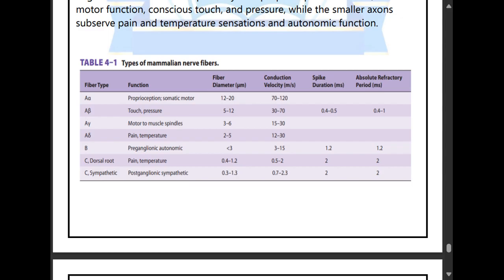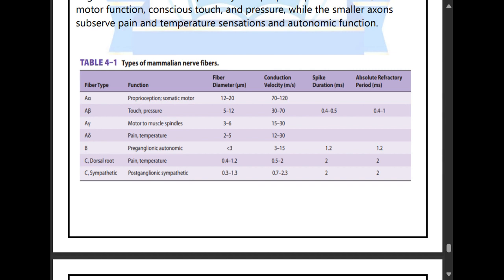Are we good to dive into something else as well before time runs out? Okay, so by the way, under nerve physiology, some of the things that you should be conversant with have to do with glial cells.